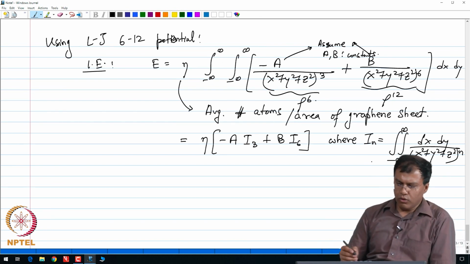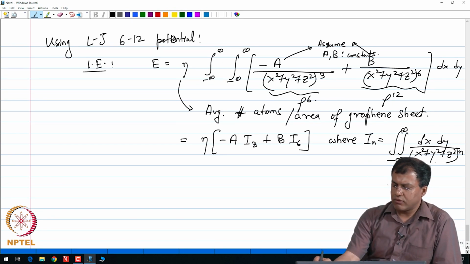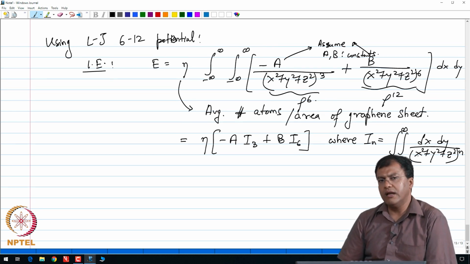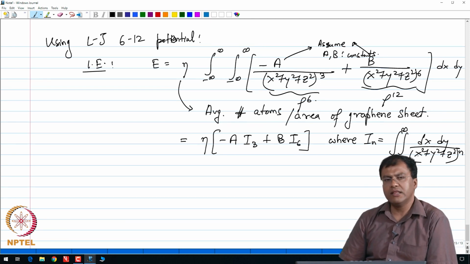Notice that the factor x square plus y square plus z square tells us that we should use cylindrical polar coordinates. z is fixed, so the only variables in our integration are r and theta.